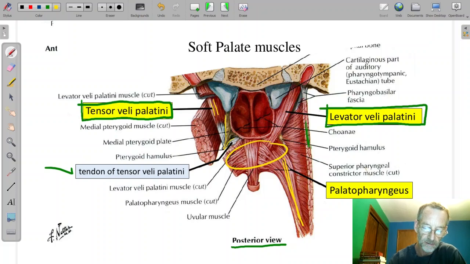And then the muscle is descending laterally to that, and then the tendon sort of hooks around underneath that hamulus and then inserts on the soft palate. It helps to tense it when it swallows. Enough of that. Enough of the tensor and levator veli palatini.